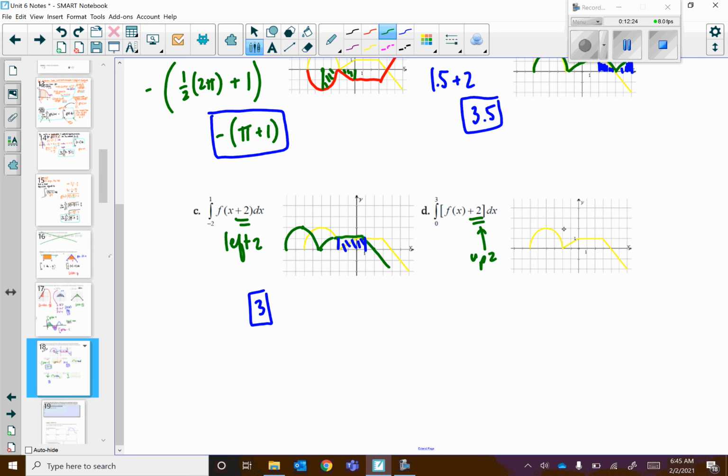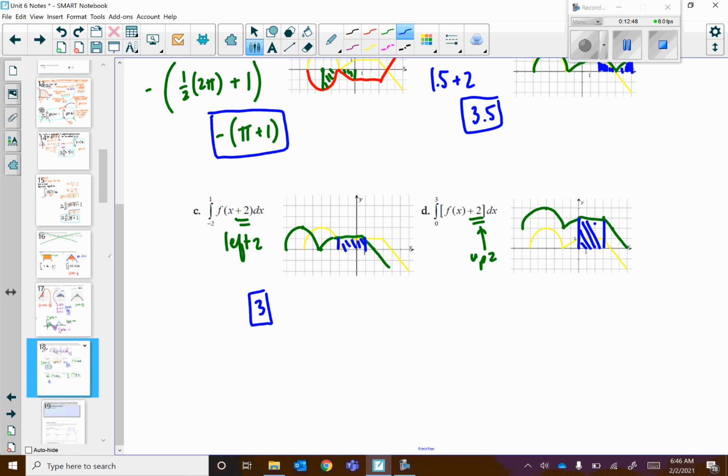And then for this one, we are moving our function up 2. So it's going to look something like this. Oops, I made that too far to the left, but it doesn't actually matter because we're only looking from 0 to 3.